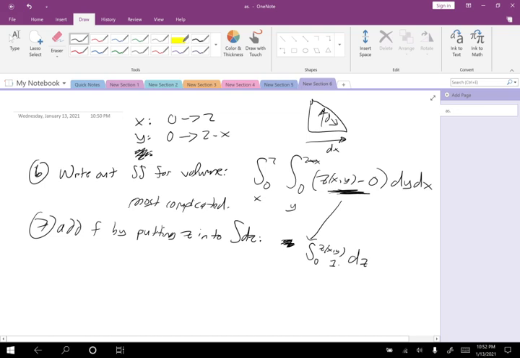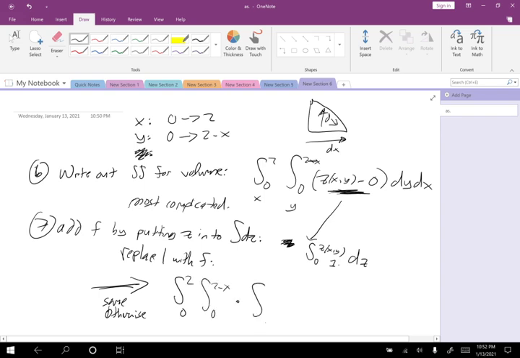So that's equivalent to this integral, right? So now we just need to replace 1 with f. So we overall end up getting the same exact thing. Everything else is the same. So 0 to 2 minus x, and now we have our z integral from 0 to z. In this case, it's 2 minus x plus y.